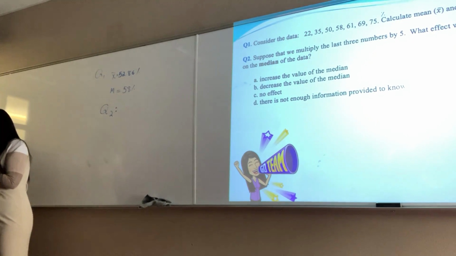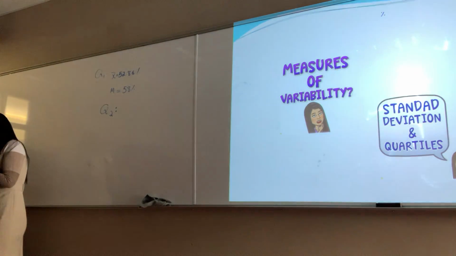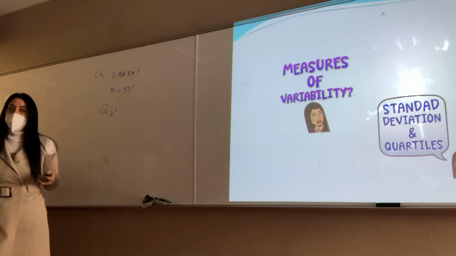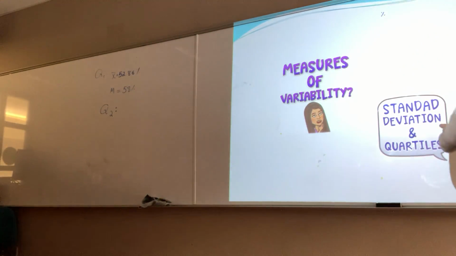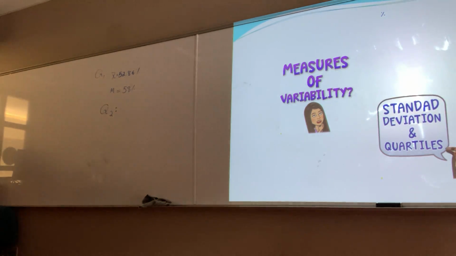Okay, so let's move to the measures of variability. There are two important ones: standard deviation and quartiles. Quartiles actually are two, Q1 and Q3. Standard deviation is the most common one. We use it a lot.